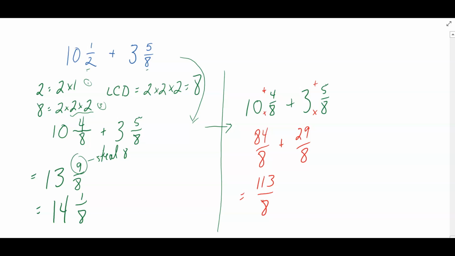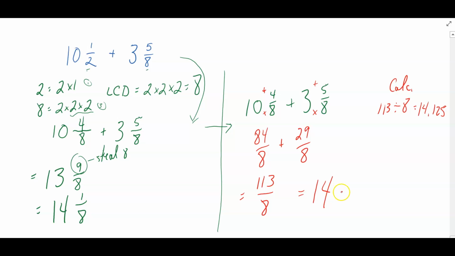Well, that's equivalent to 14 1/8, because we would ask ourselves, how many times does 8 go into 113? And if you're not sure, you can grab a calculator and do 113 divided by 8. And you will see that it's 14.125. That means that 14 is the whole number.